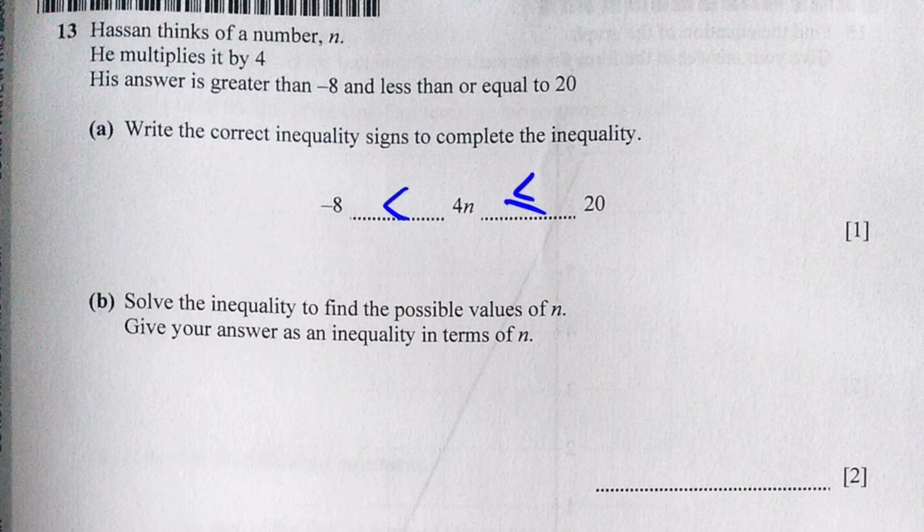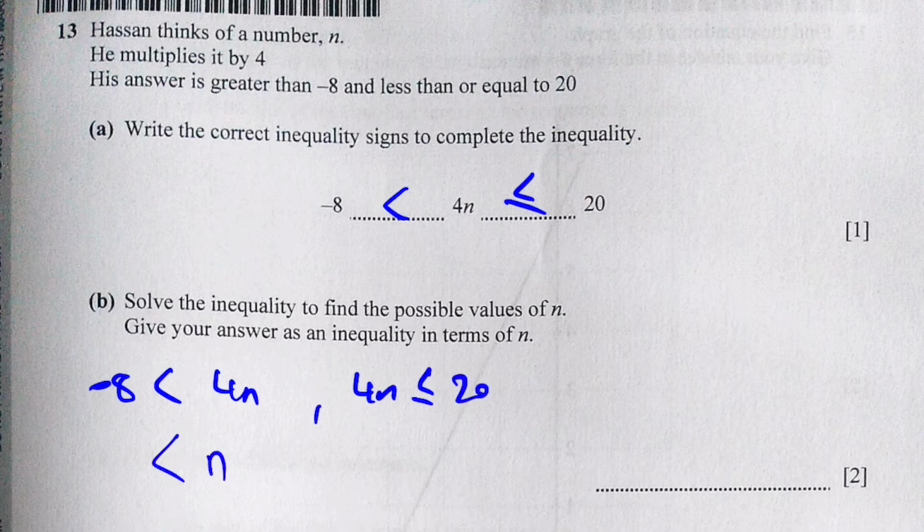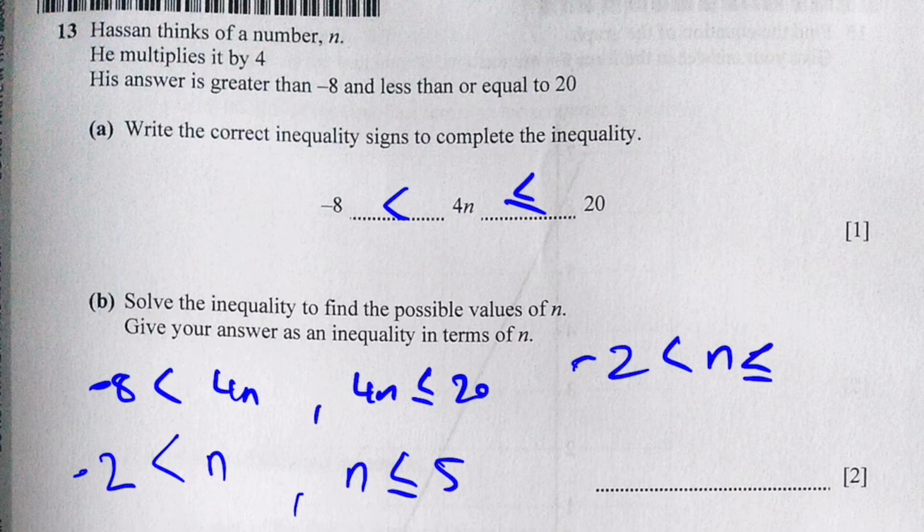Give the answers in inequality in terms of n. So let's split into 2 parts. Minus 8 is less than 4n, and then 4n is less than or equal to 20. Now you can solve these. N is greater than minus 2, and then n is less than or equal to 5. So now we can combine it. Minus 2 less than n less than or equal to 5. That's the answer.